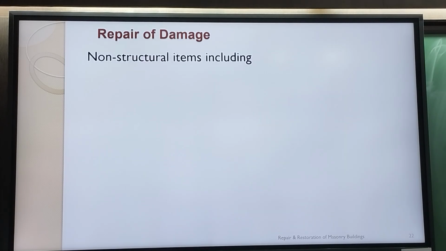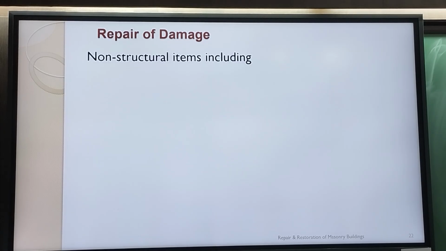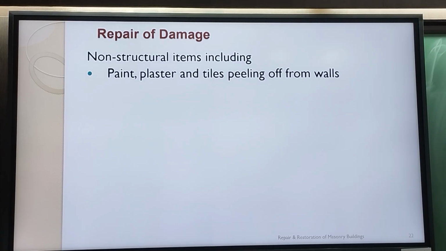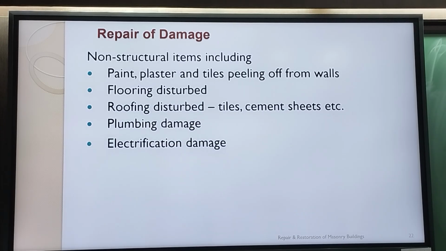Alright. Now, the non-structural items. Okay, then first is of course non-structural items. Now paint, plaster, all these things of course you do at the end. You don't do them in the beginning. But there are certain things you may have to do in the beginning. Flooring is also disturbed. Roofing tiles, plumbing damage.